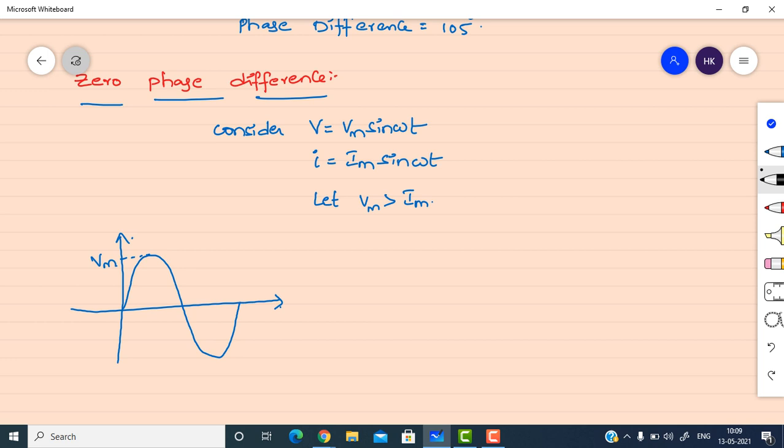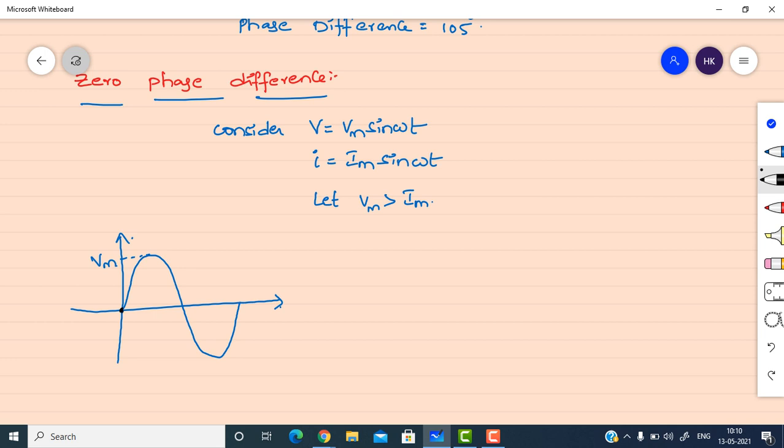Where do I have to start the current? See, there is no phase angle difference between these two. In omega t plus or minus phi, the phi value is 0 here, and for I also the phi value is 0. Both are starting at the same 0 position. There is no phase angle difference between those two.